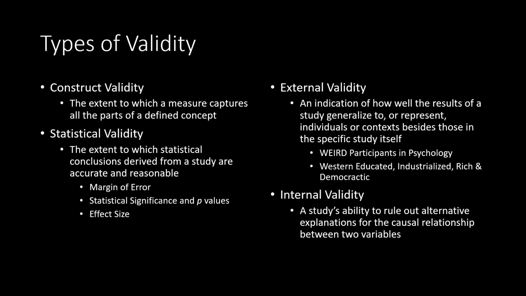Something that gets talked about much more nowadays, even though maybe not enough, is this idea of WEIRD participants in psychology. And we don't mean weird in the sense of just strange psychology people, even though that stereotype exists as well. In this case, WEIRD is an acronym for Western, Educated, Industrialized, Rich, and Democratic. What this means is basically people from the West who come from either the United States, Canada, or somewhere in Europe.